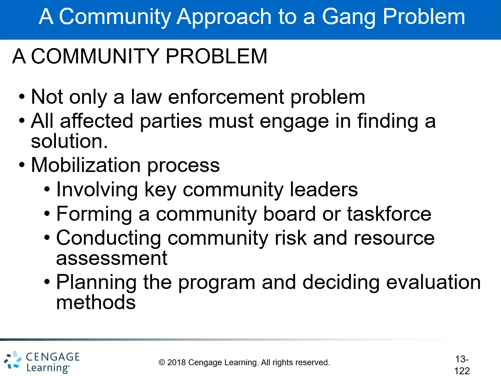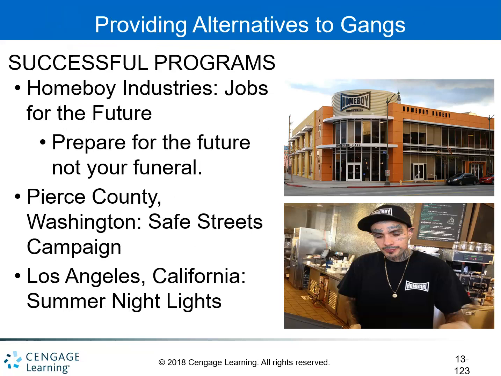It's not just a law enforcement problem, because all affected parties must engage in finding a solution. It might be a big mobilization process where you're involving community leaders and forming a task force and conducting risk and resource assessments, and then planning the program and deciding on the evaluation methods that you're going to use. So there are different approaches, but it's not just a law enforcement problem.